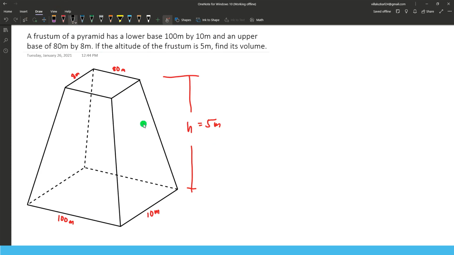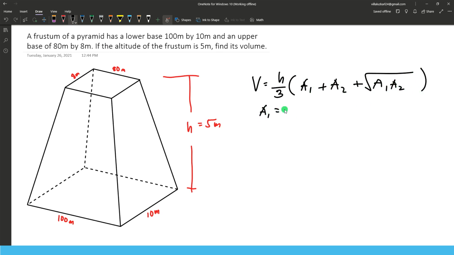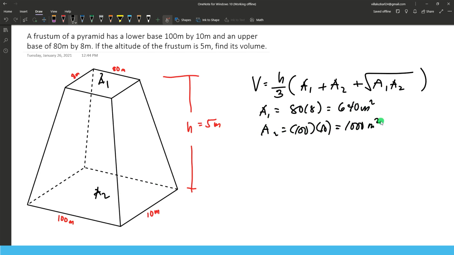So by simply applying the formula for the volume of a frustum, volume is just h over 3 times area 1 plus area 2 plus the square root of the product of the areas. Determining first the areas, let's say this is area 1, this is area 2: 80 times 8, you have 640 square meters; area 2, 100 times 10, that's 1000 square meters.